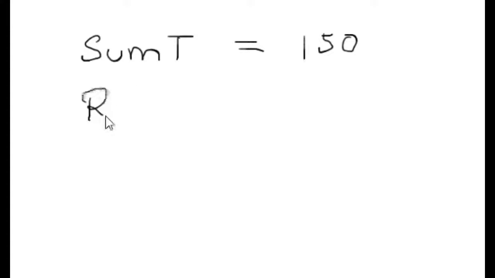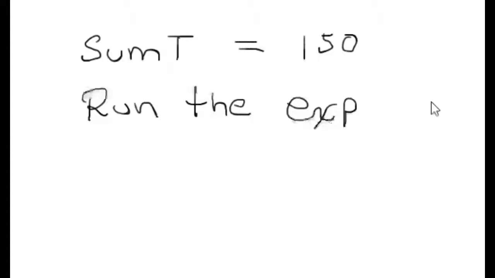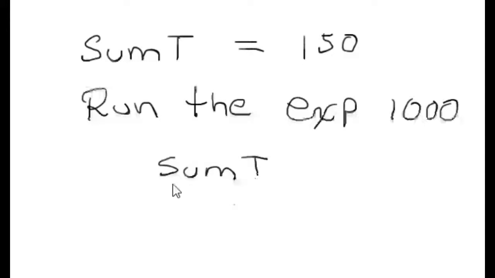So, I don't know, 150. I labeled 150. That seems kind of low, but say they all sum to 150 if we ran 1,000 experiments. Just let exp be experiments.